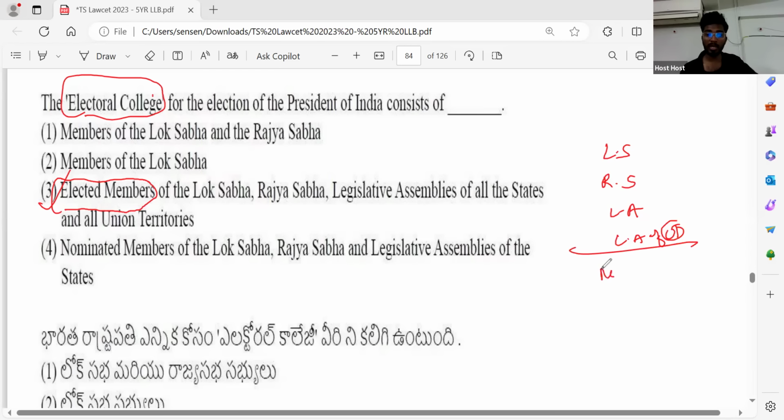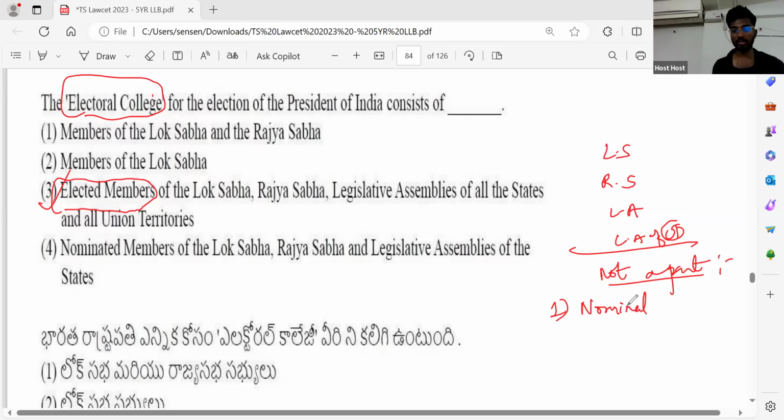Who are not a part? This can also be a question in the exam. Number 1, nominated members in Rajya Sabha. Members of Legislative Council and nominated members in Legislative Assembly, if there are any.